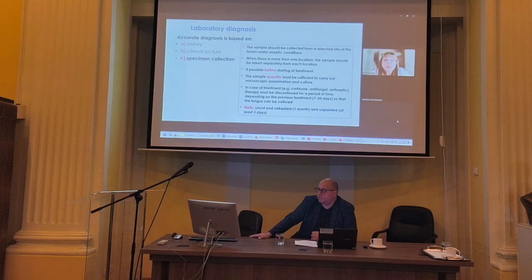Very important for the diagnosis is the specimen collection. The sample should be collected from a selected site of the lesion under aseptic conditions. When there is more than one location, the sample should be taken separately from each location.